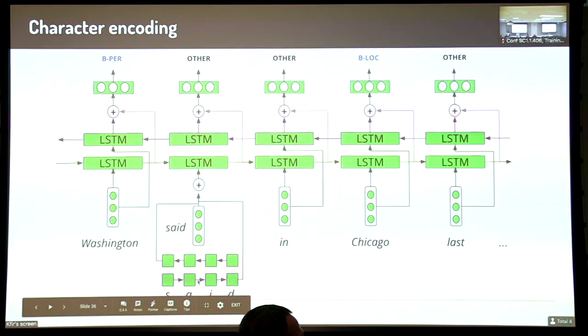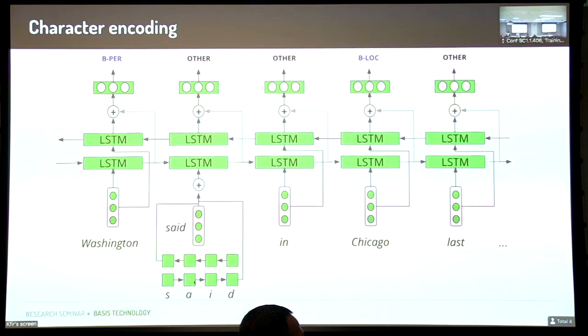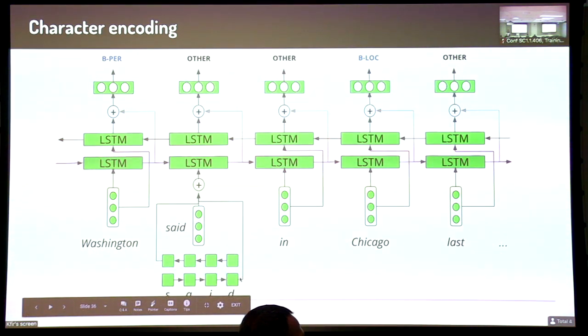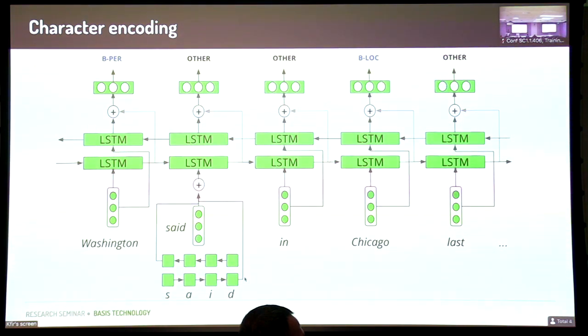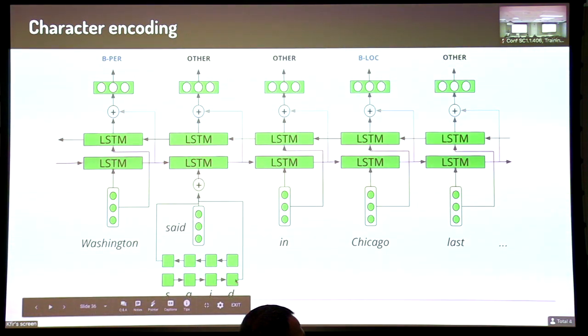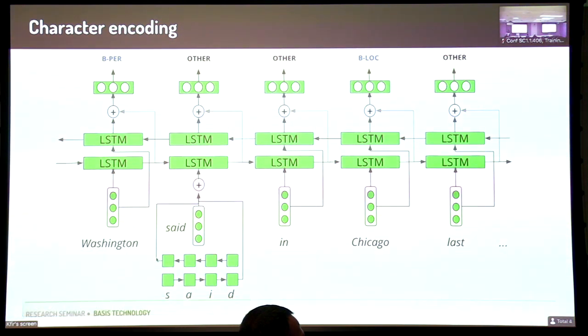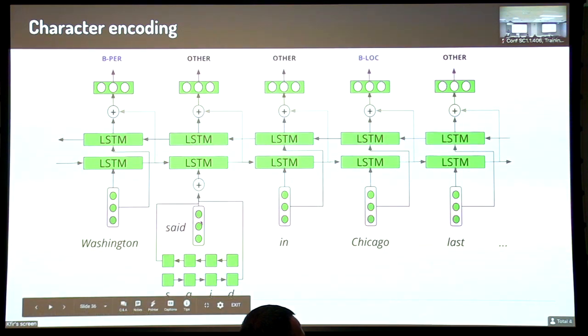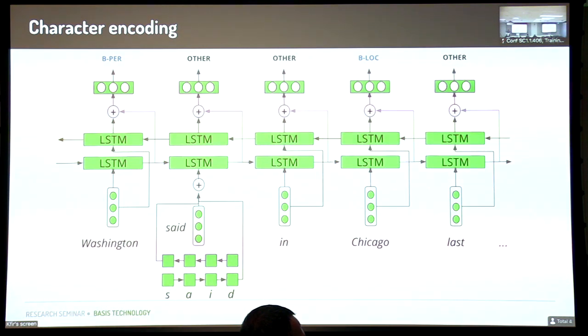Next character modifies this vector and goes on, and eventually we take this output vector, hoping that it carries information from the beginning of the word, information about all the characters somehow. So we have two vectors, one that goes out from the right side and one that goes out from the left side. We concatenate them together with the third vector, which is the word vector that we already have. So this representation is what we use to represent a word in these settings.